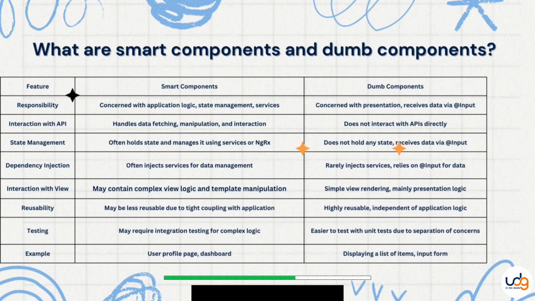Basically, dumb components will take the data and show it. Whatever is passed as an input, it will only show. There is no interaction. Suppose you want to show the product detail.